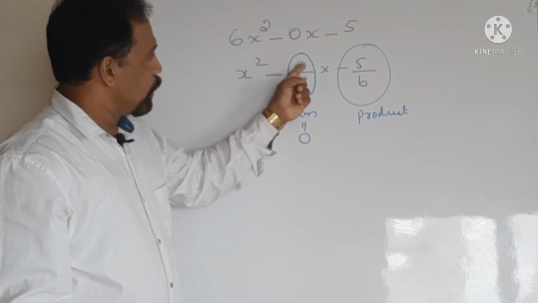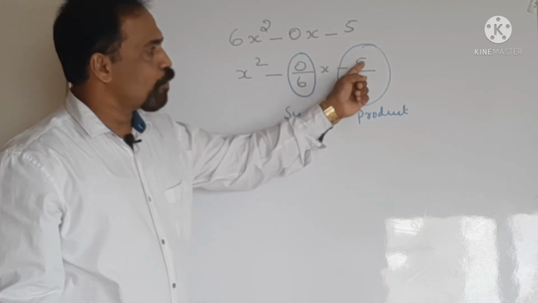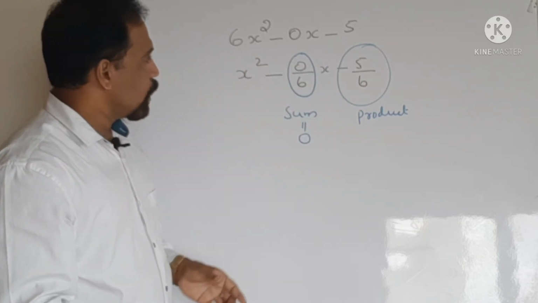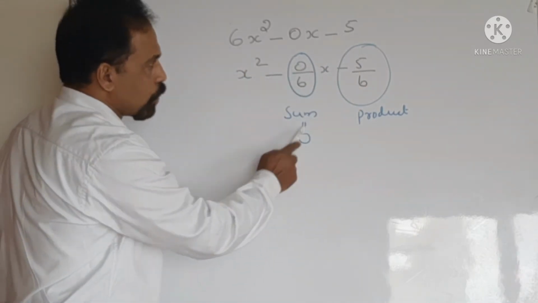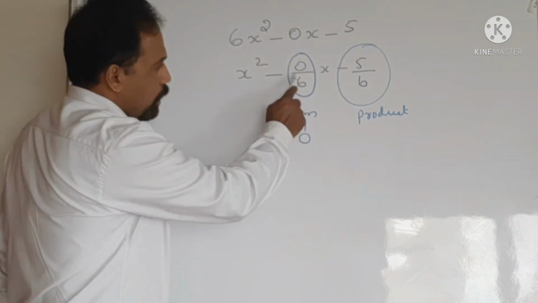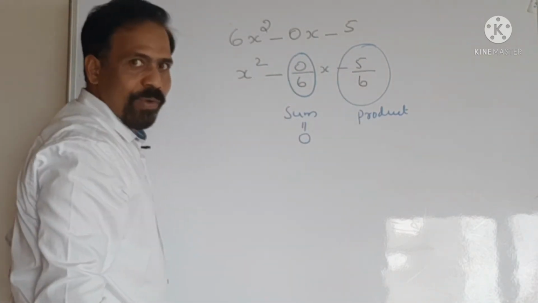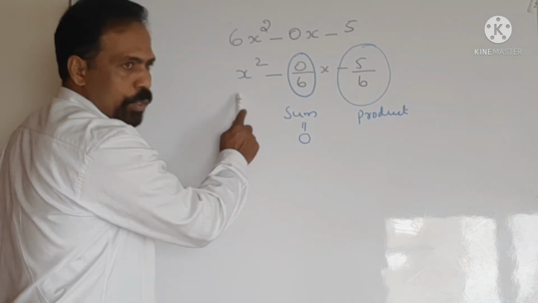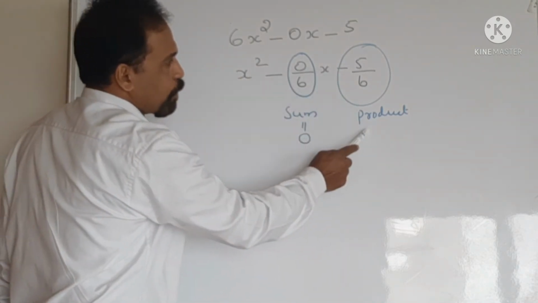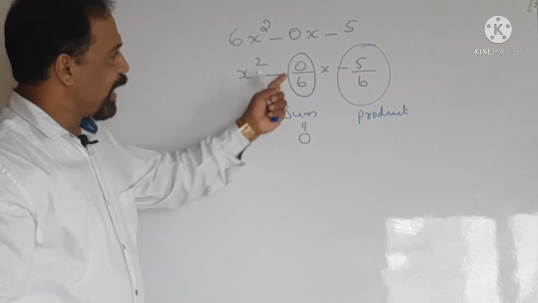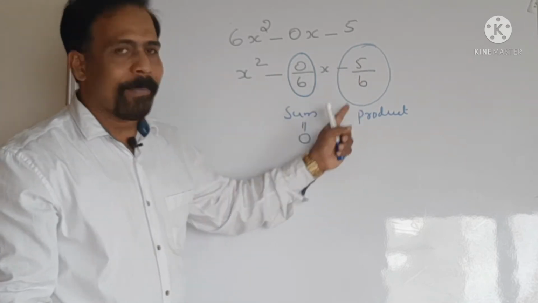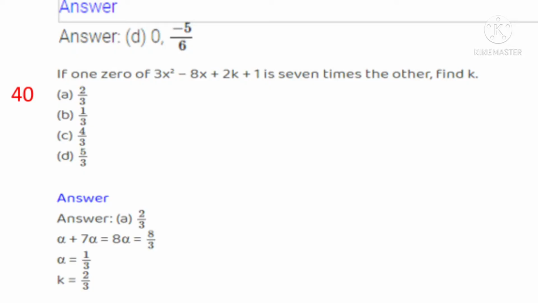So x squared minus 0 by 6x minus 5 by 6. So here the second term will be 0 because 0 by 6 is 0, and here it will be minus 5 by 6. We know that x squared minus sum of the zeros into x plus product of the zeros. Therefore the answer will be 0 and minus 5 by 6.